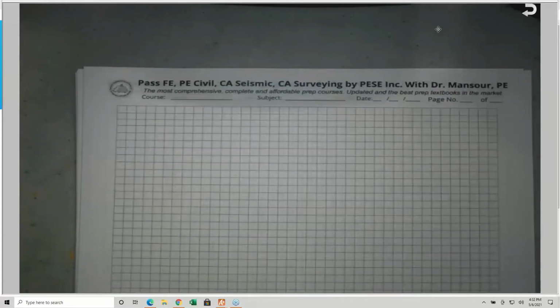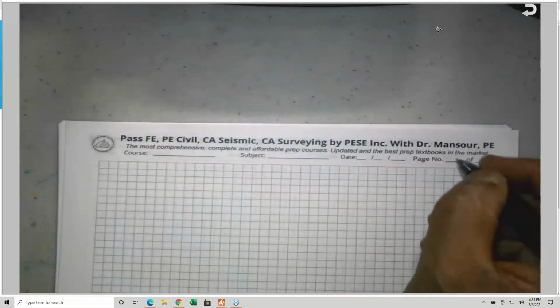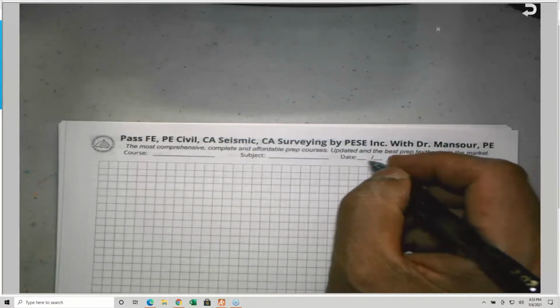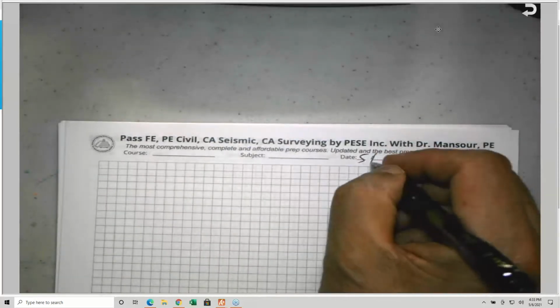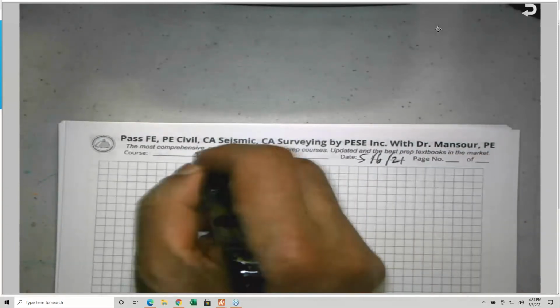I know it's a working day, and we are going to meet this weekend, by the way. I found that I already have the Saturday and Sunday. So today is 5/6, and this is the FE7.